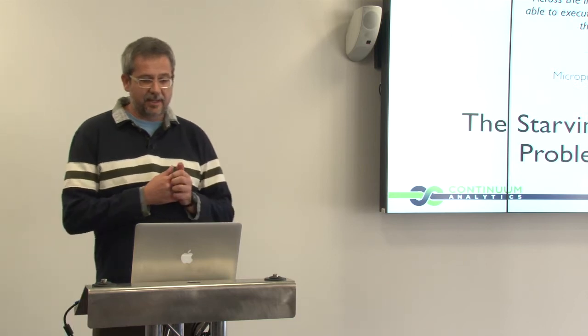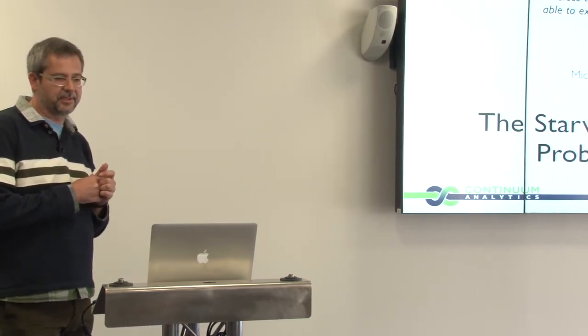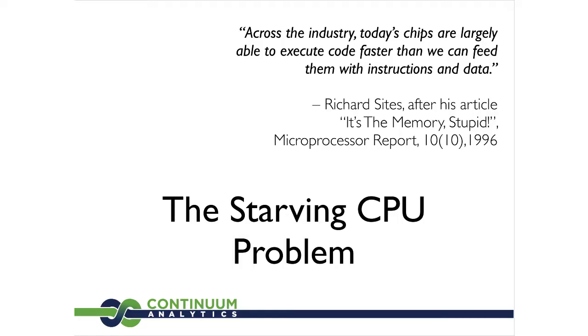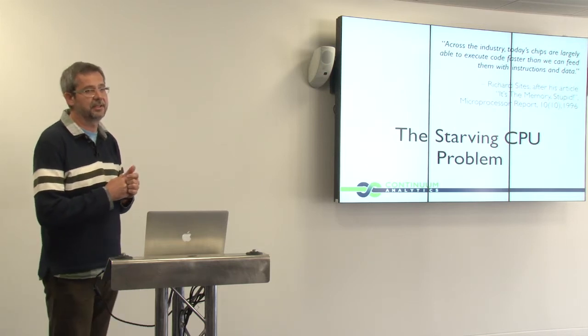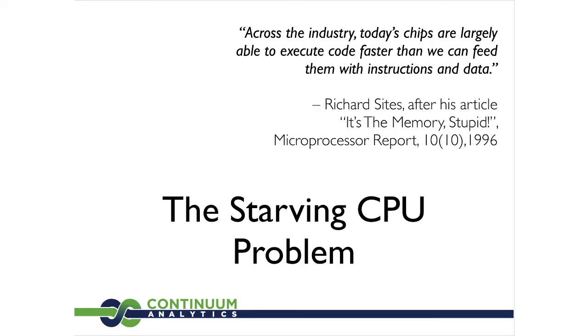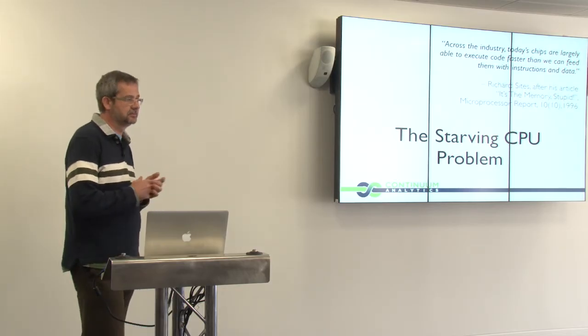Richard Sites has a nice article, written in 1996, and I think it's worth mentioning. Richard Sites is one of the fathers of microprocessors and was the architect of the Alpha processor in the 90s. He wrote: "Across the industry, today's chips are largely able to execute code faster than we can feed them with instructions and data." And that was said almost 20 years ago.